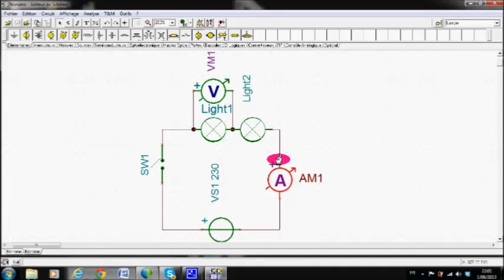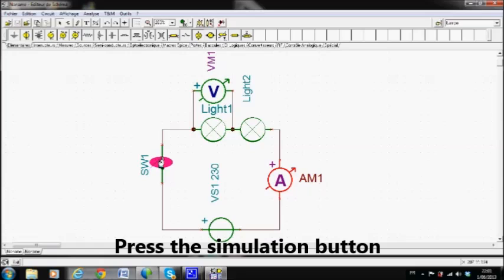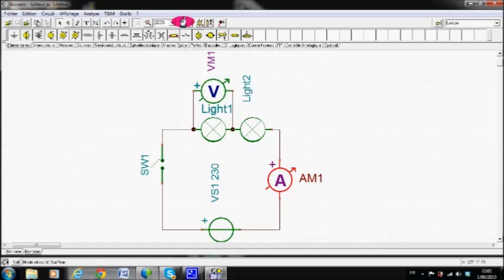This is okay. So let's simulate and see what that's about. Now I simulate. You see, this is dimmer, so this is not bright.